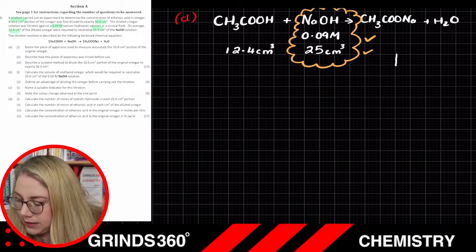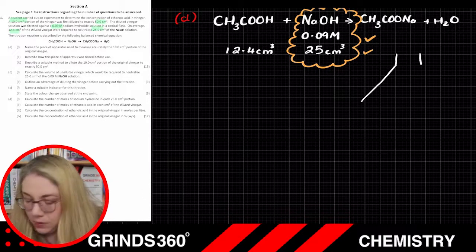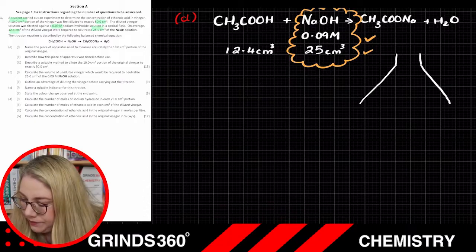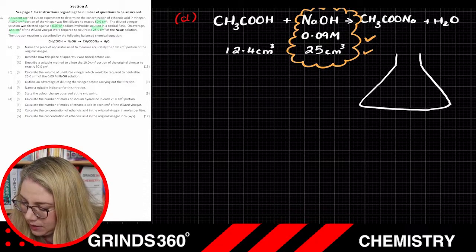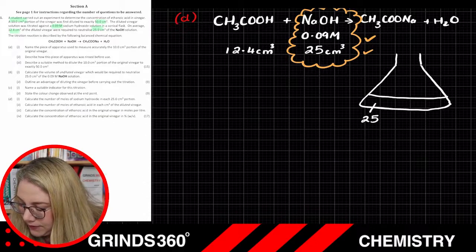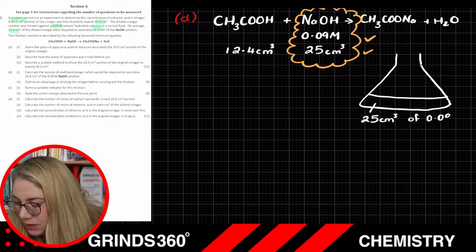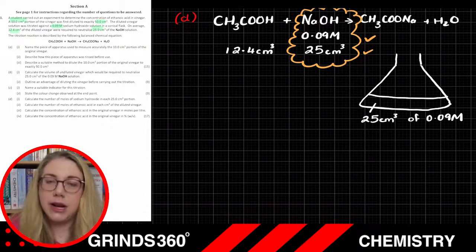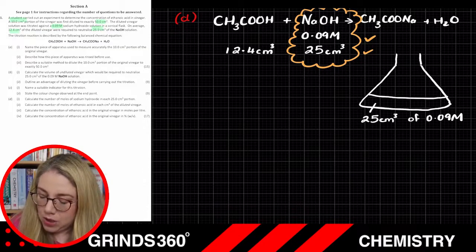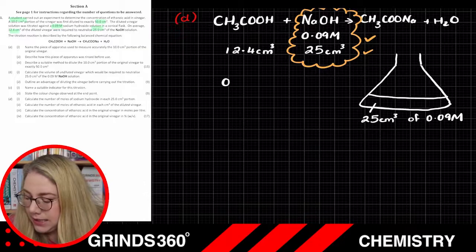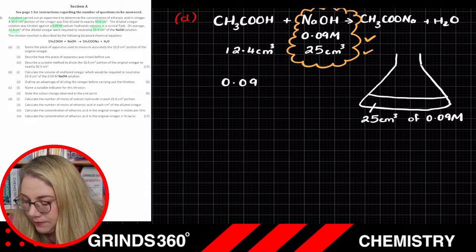Now, if I was to draw myself a little diagram, the way we did the last question. Inside that conical flask, there is 25 centimeters cubed of solution of 0.09 molar sodium hydroxide. Now, we know the concentration of the sodium hydroxide is 0.09.